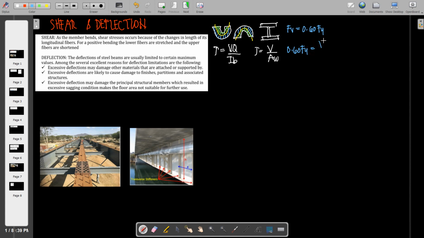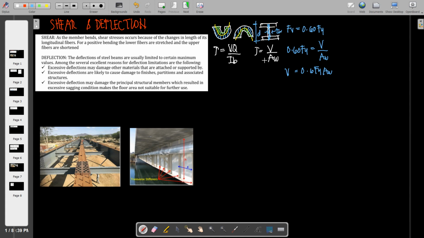Hence the right hand side of the equation remains to be V all over web area. Okay, and then cross multiply, this will now become our nominal shear strength, that is 0.6 of Fy times the area of the web. Now the area of the web refers to this shaded portion here. It is equal to the overall depth times the web thickness, tw.